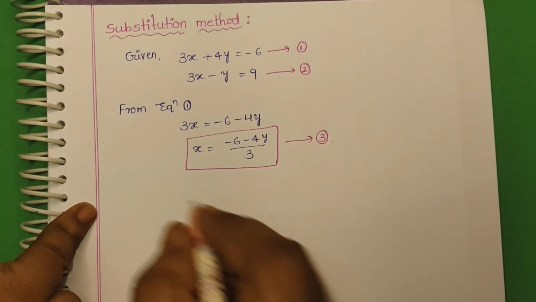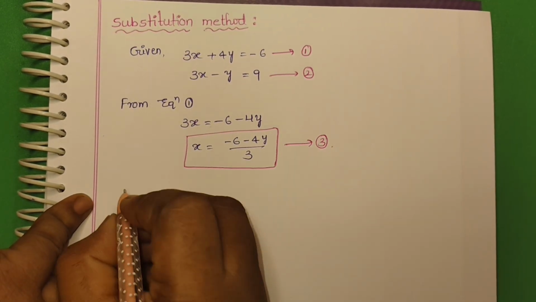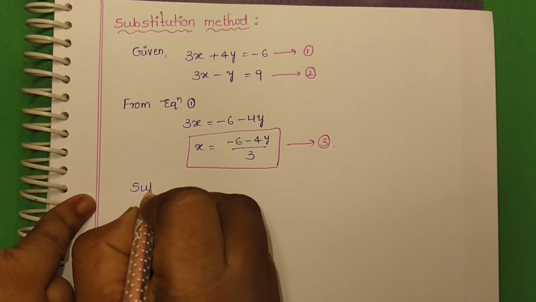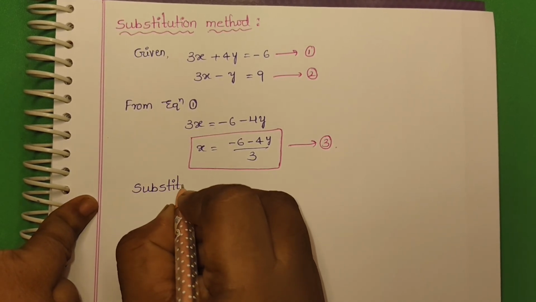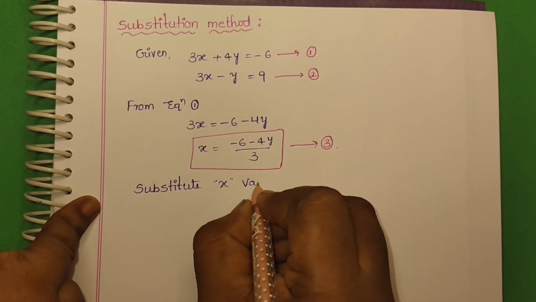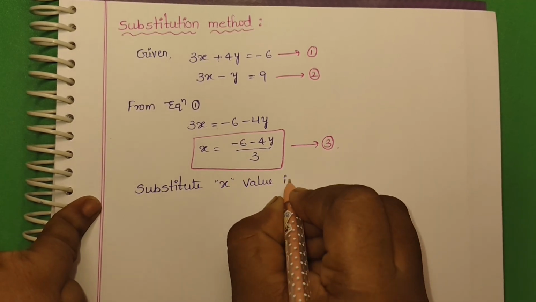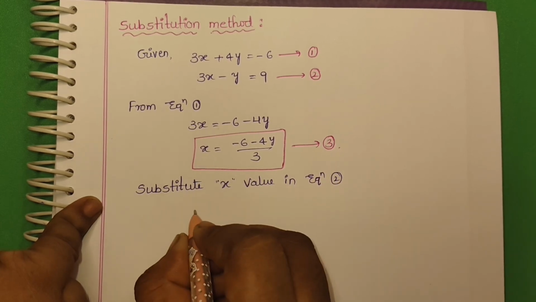So here we are using equation number 1, so we have to substitute the x value in equation number 2. Don't get confused. First write equation number 2: 3x minus y is equal to 9.